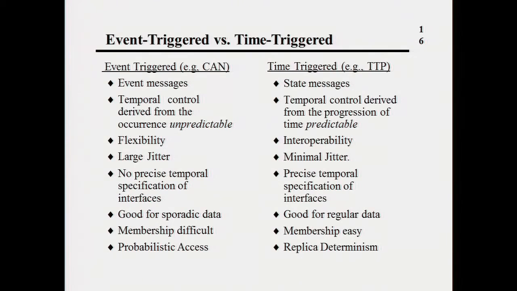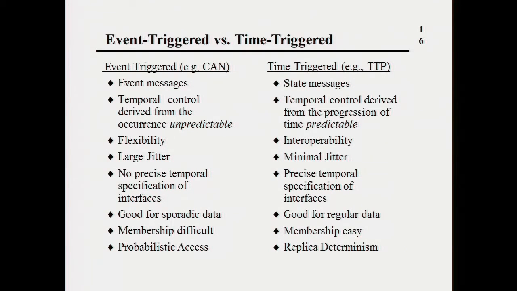The event-driven is very good for sporadic data, but the time-triggered architecture is very good for regular data. As for membership, finding out something is broken is very difficult in event-triggered. On the other hand, in time-triggered it is easy because of the assumptions that you make. You have a probabilistic access to the bus or to the communication network in one case, and you have a perfect determinism given by the replication of the cycles. So these are the trade-offs.